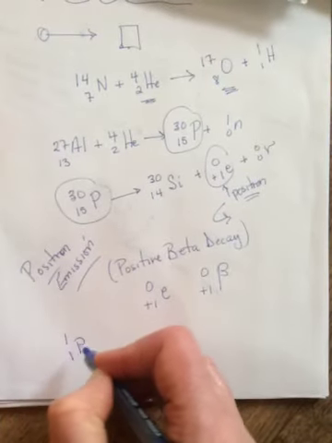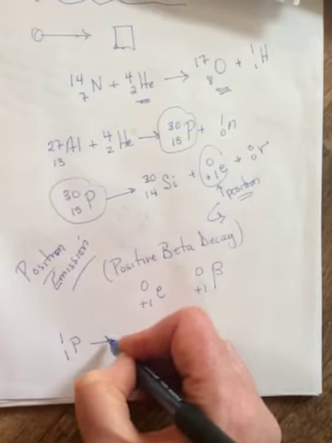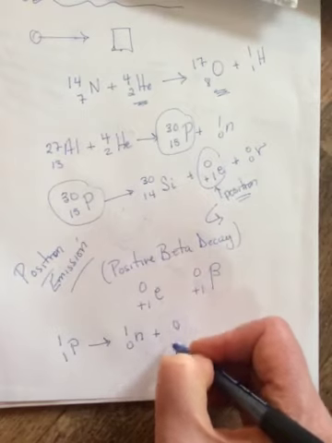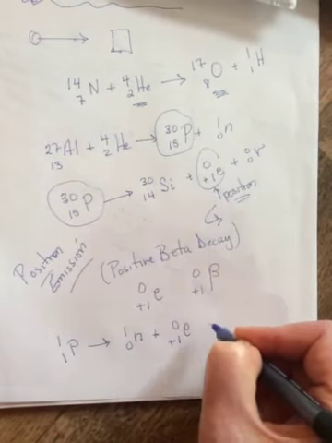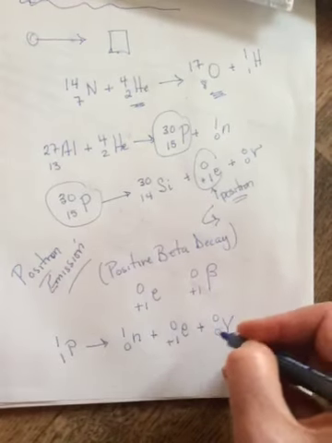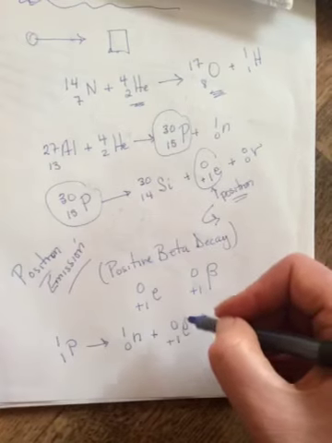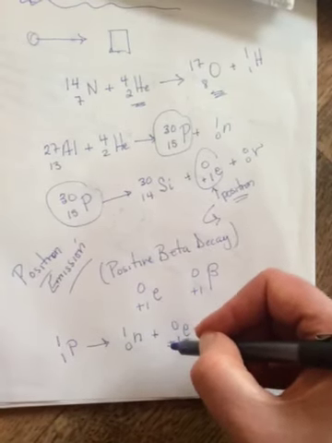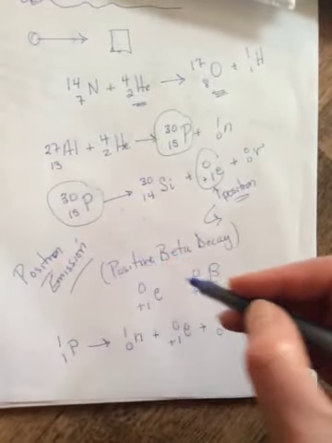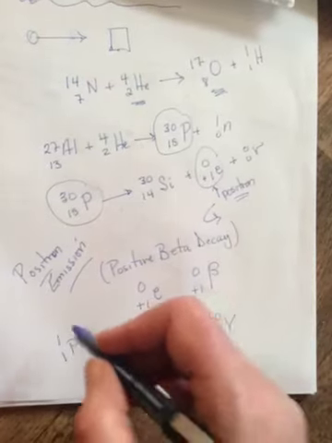So what's happening inside the nucleus again is a proton is splitting up into a neutron and a positron. And a neutrino is given off. So when it's an electron, it's an antineutrino, and when it's the anti-electron, it's the regular neutrino. Okay, because a positive beta particle or a positron is really an anti-electron.